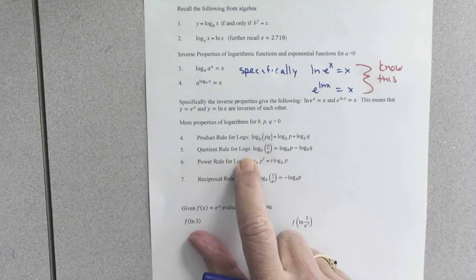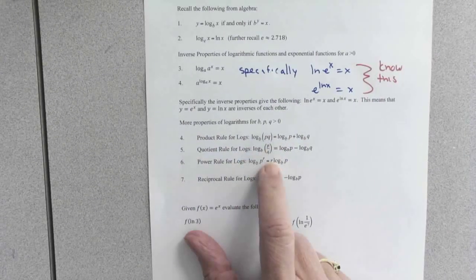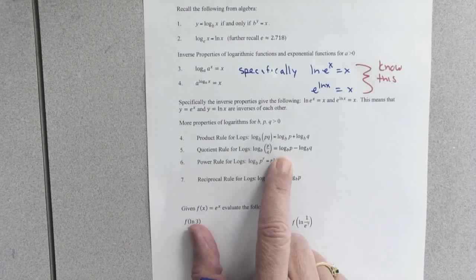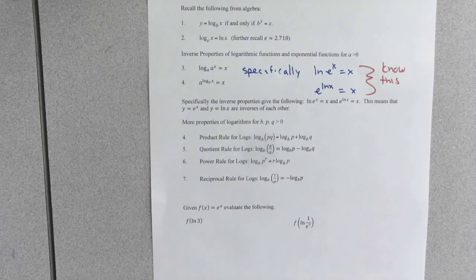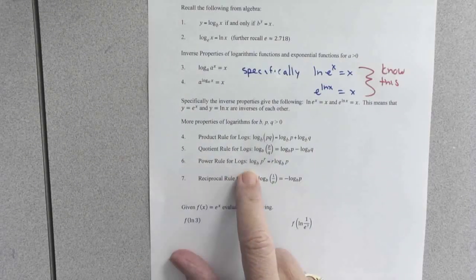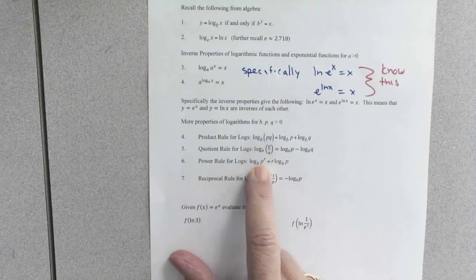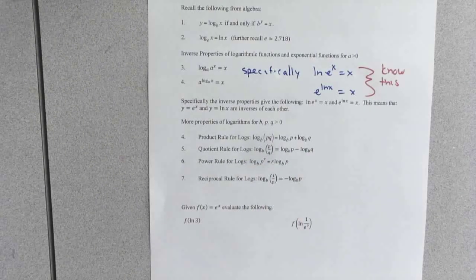The quotient rule for logs: log base b of p over q is log base b of p minus log base b of q. The logarithm of a fraction can be split up by subtraction. The power rule for logs: log base b of p to the r is r log base b of p.